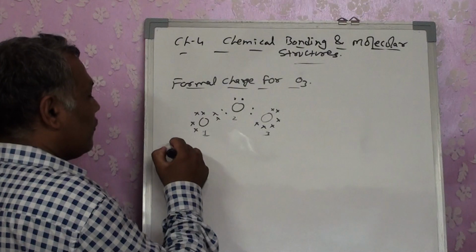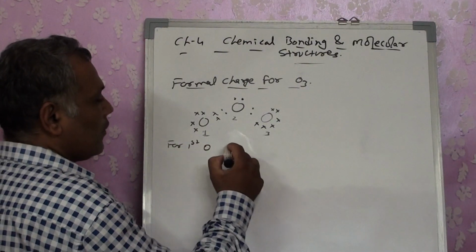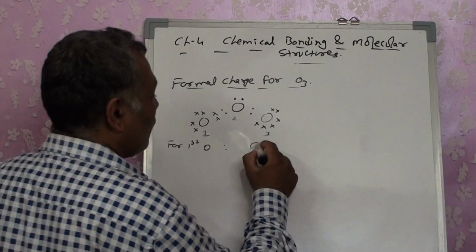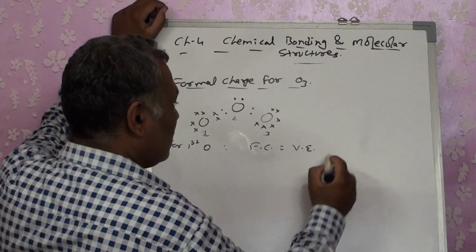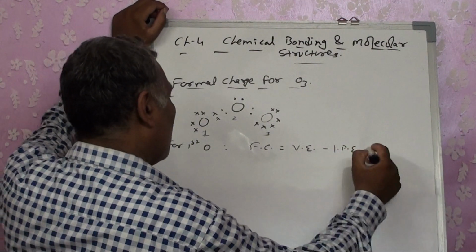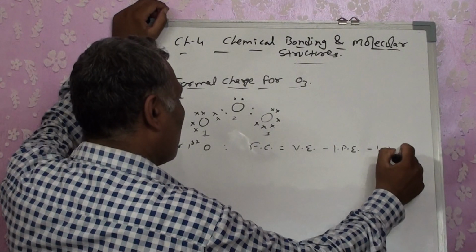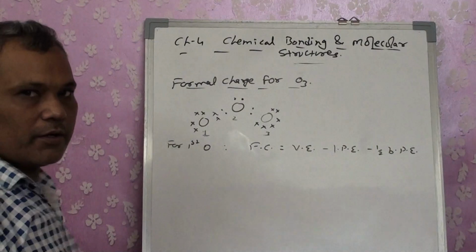Let's take the first oxygen. Formal charge equals valence electrons minus lone pair electrons minus 1 by 2 bonded pair electrons. This was the formula that we have.